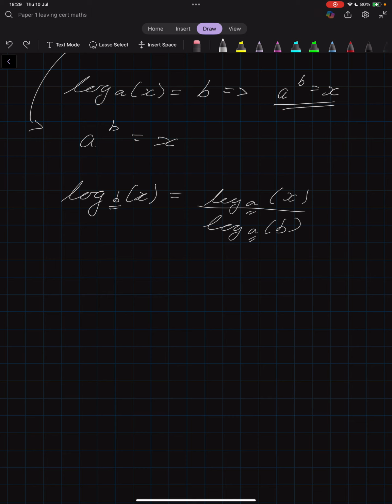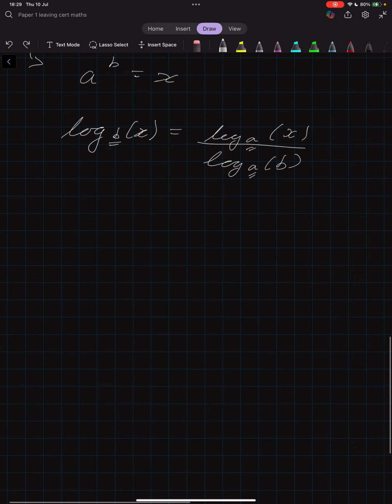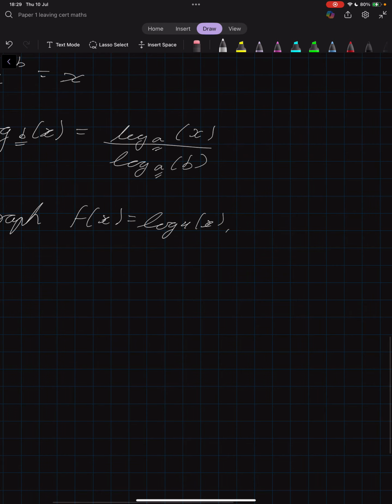All right. Now, I think the next thing to do is a couple examples of what that is. Okay. So now, one of the things that I might want to do, typically when there's x's, it'll be something like this. Graph f of x equals log to the base 4 of x for x greater than 0, less than or equal to 64.